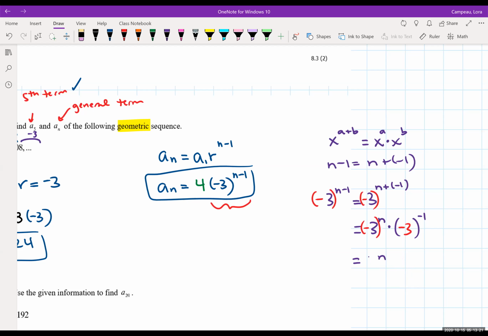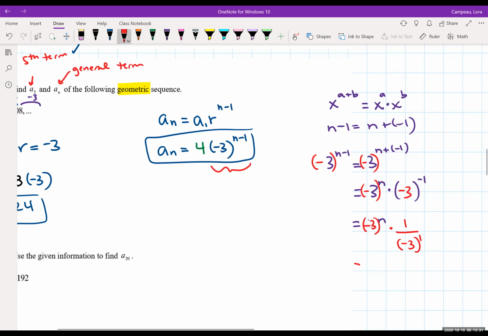What do we really get? Negative 3 to the n times 1 over negative 3 to the first power, or really that's kind of a nice one. That would leave us with negative 3 to the n times 1 over negative 3.